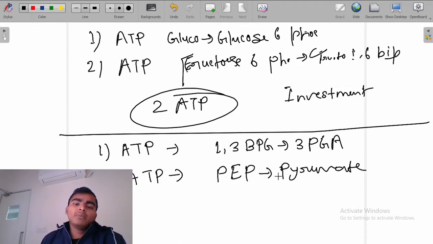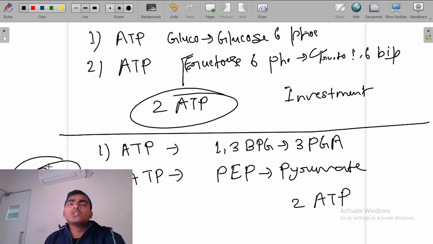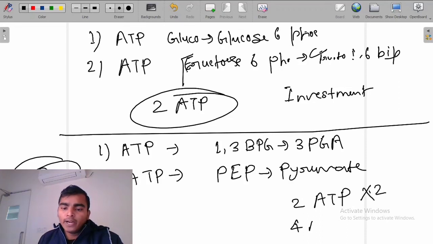So how many ATP have we got? 2 ATP from 1 glyceraldehyde 3-phosphate. I told you there are 2 glyceraldehyde 3-phosphates, because dihydroxyacetone phosphate was also converted into glyceraldehyde 3-phosphate. So 2 glyceraldehyde 3-phosphates are going to go through the steps together. That means 2 times 2, so we are going to get 4 ATP.